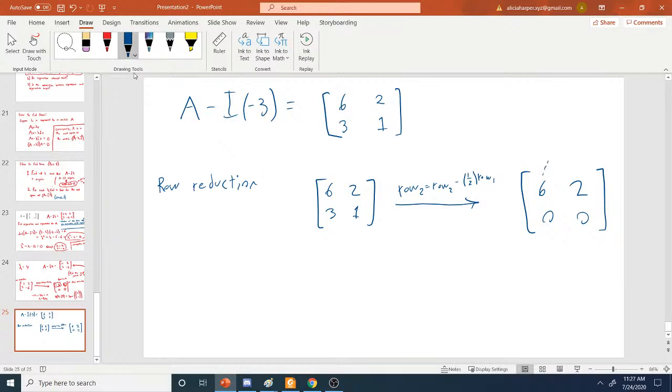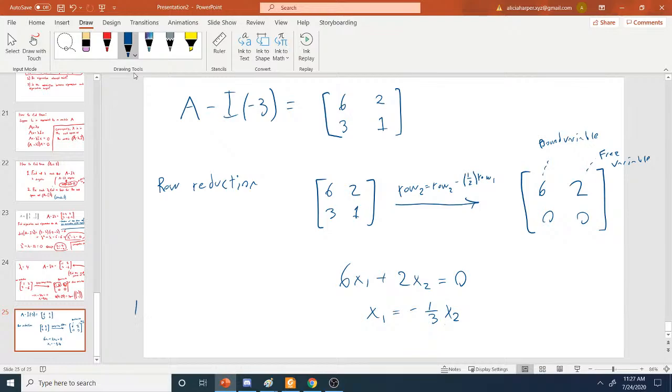And so this right here corresponds to a bound variable. This corresponds to a free variable. And we have that 6x1 plus 3x2 is equal to 0, which means we can express x1 in terms of x2, and we find that x1 is equal to negative 1/2 x2, where x2 is our free variable.